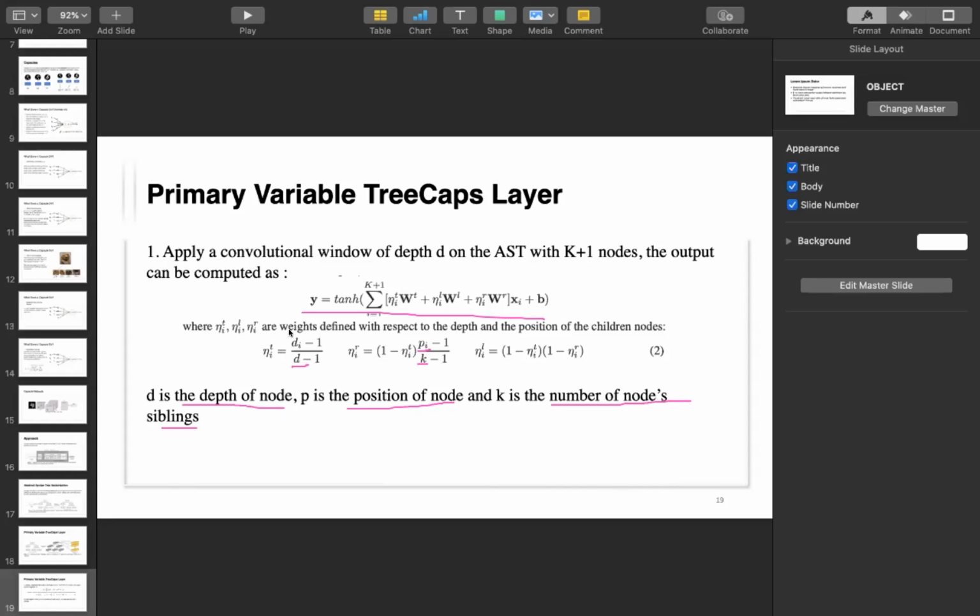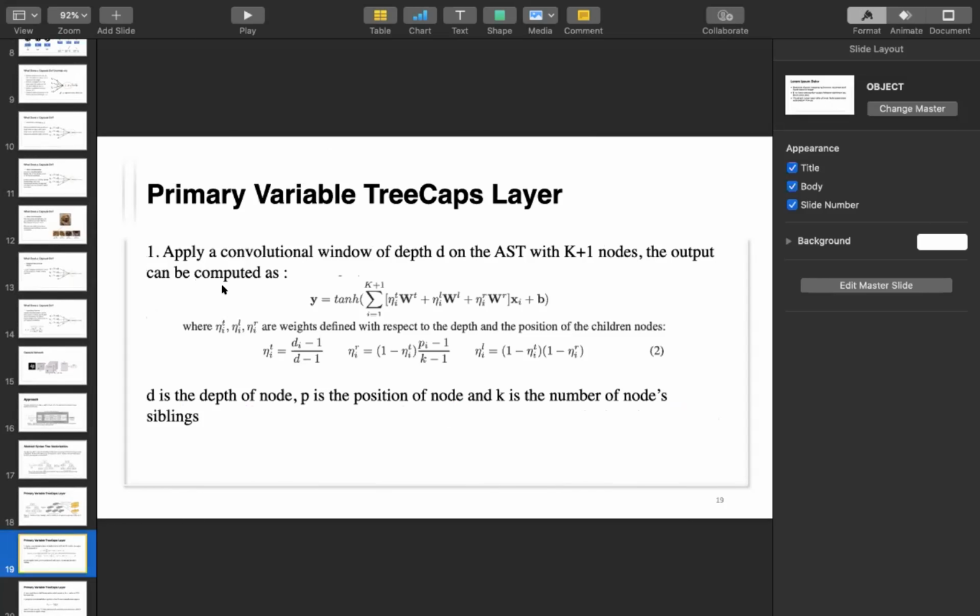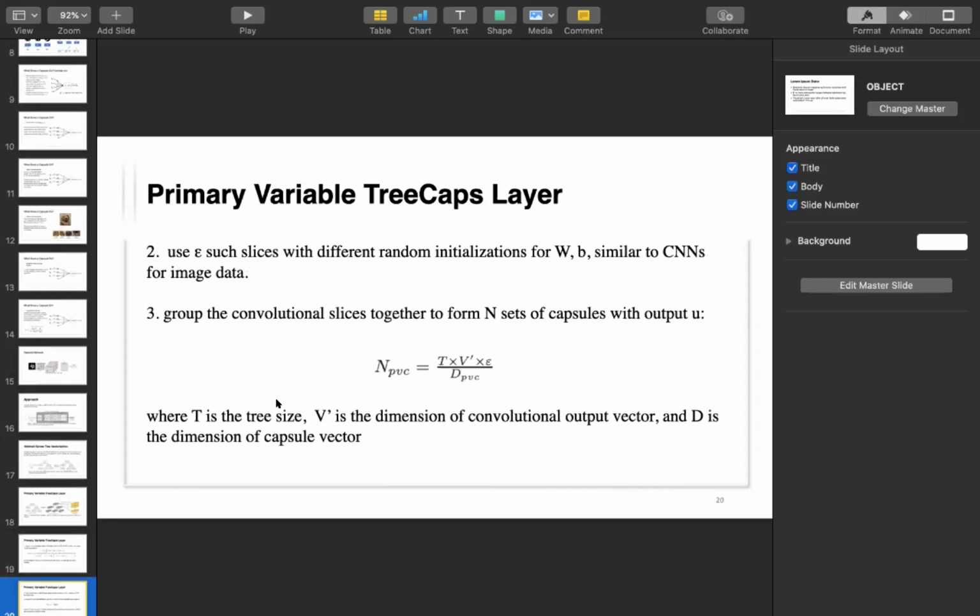So this is the first step in the primary variable TreeCaps layer, we compute this Y. After we get this Y, the next step is to use epsilon such convolutional slices with different random initializations for W and B, because here is the process of applying one convolutional window.